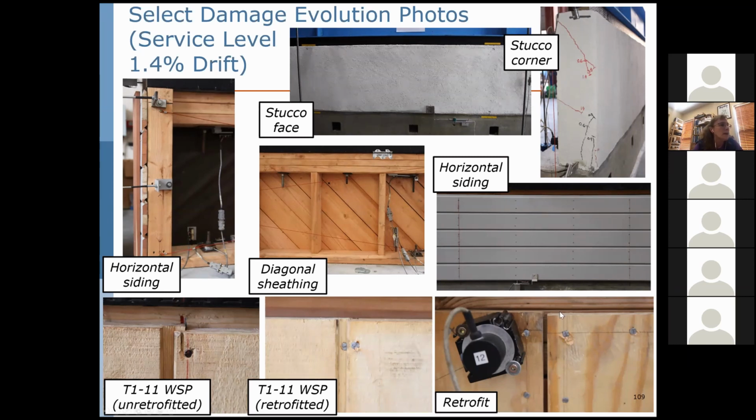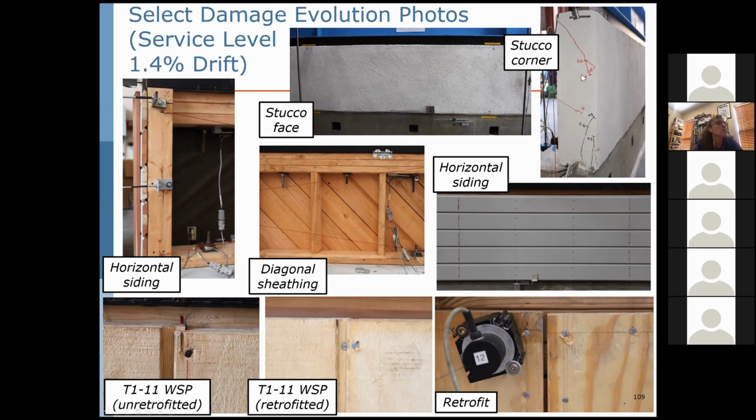You can see very minimal damage even occurring on the retrofitted specimens, minor rotation of the nail, minor tearing of the nailing at even T111, a nominal closure of the diagonal sheathing if we're in the compressive direction, and reversal and opening of the diagonal sheathing, still observable.